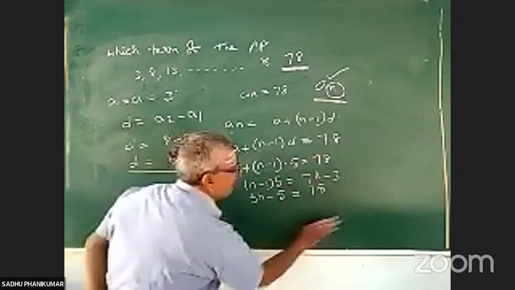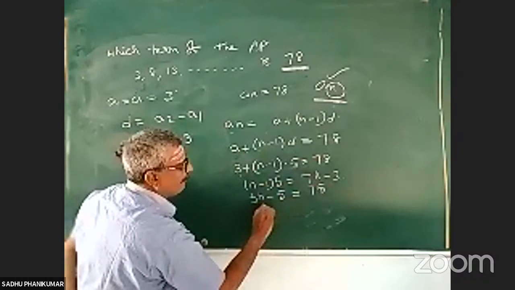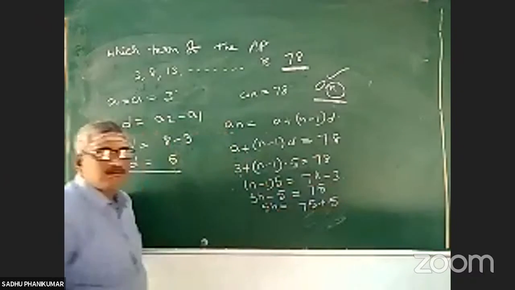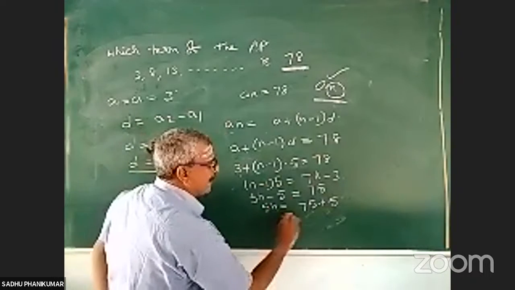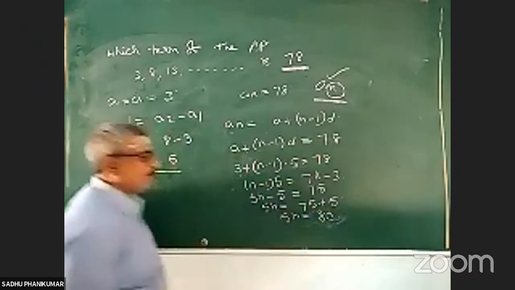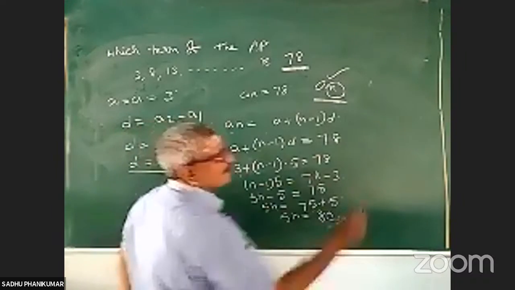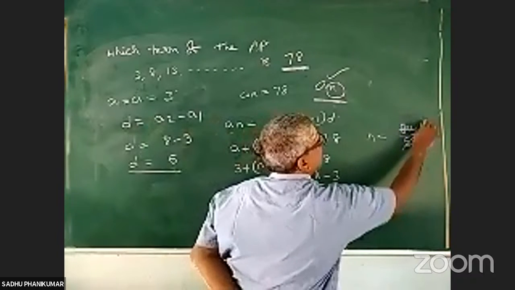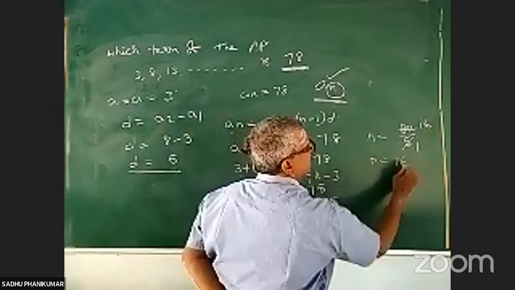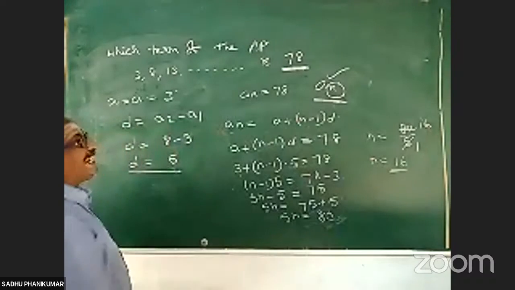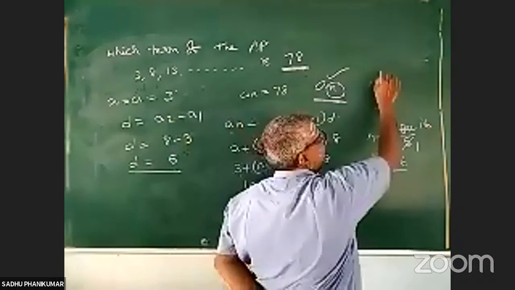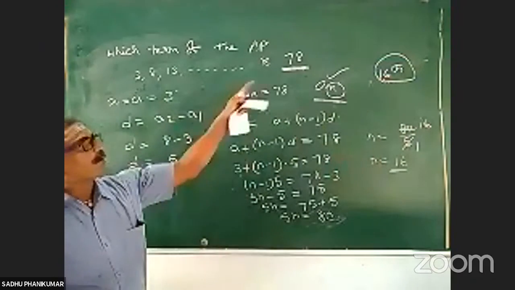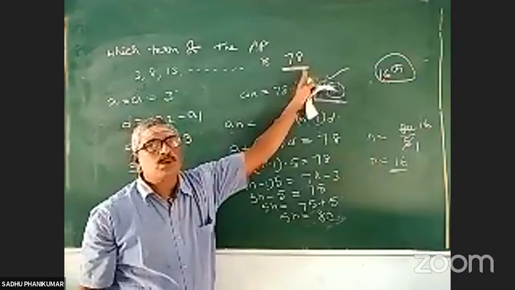Now taking this minus 5 to the other side, 5N is equal to 75 plus 5, so 5N is equal to 80. So N is equal to 80 by 5, that is 16. That means the 16th term of the given AP is equal to 78.